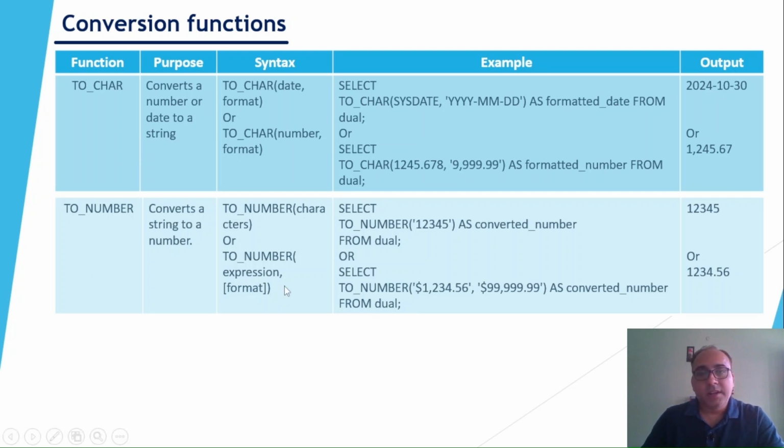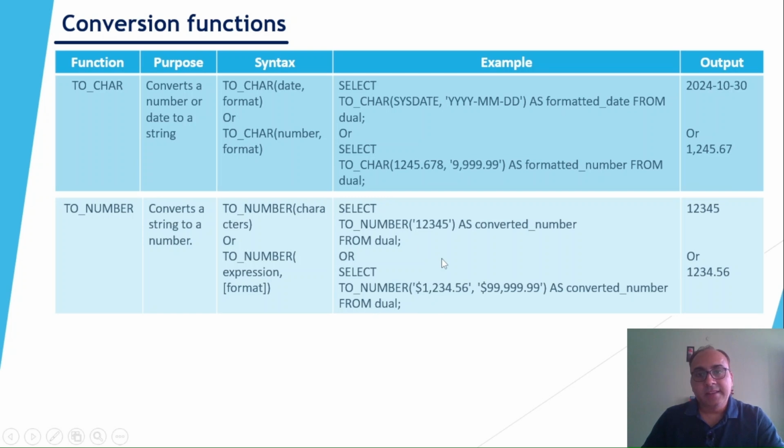Let's look at the example. Select to_number 12345 as converted_number from dual. It will simply convert this string to a number and return 12345 as an output. Let's look at the other example. Select to_number $1,234.56, and we want it converted into a number using this particular format.